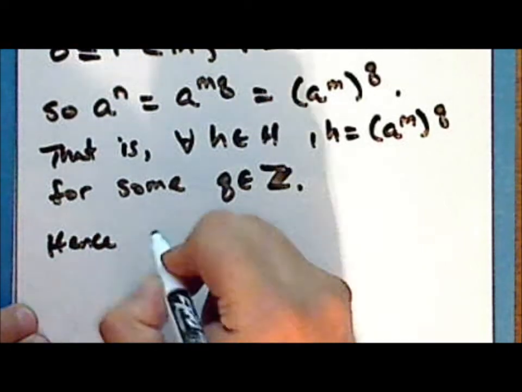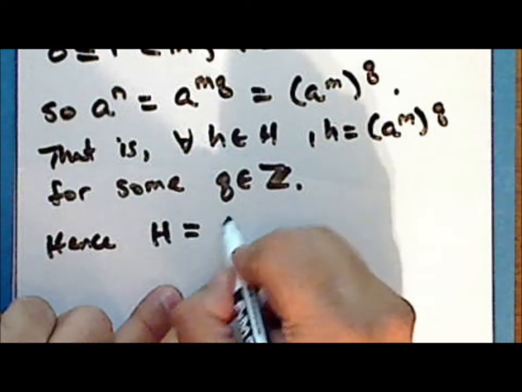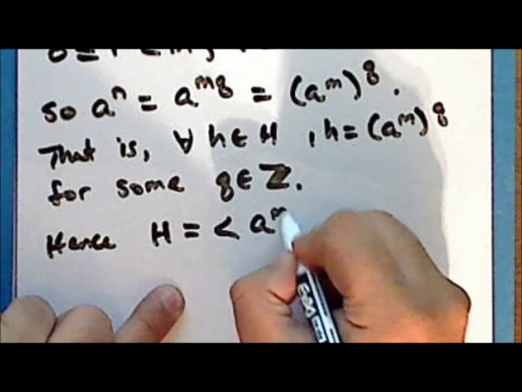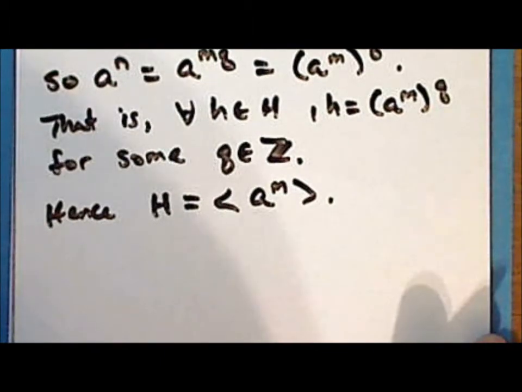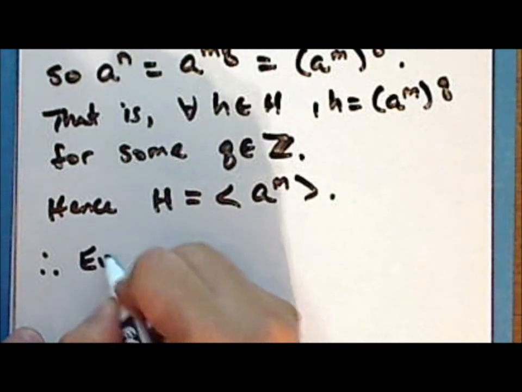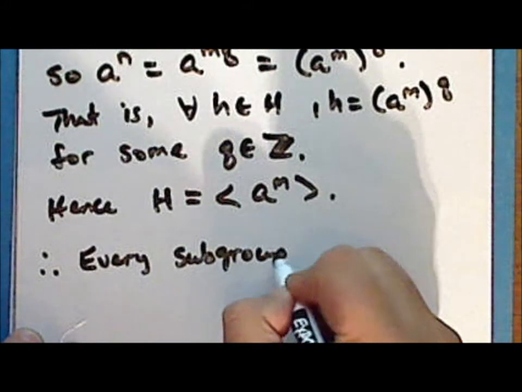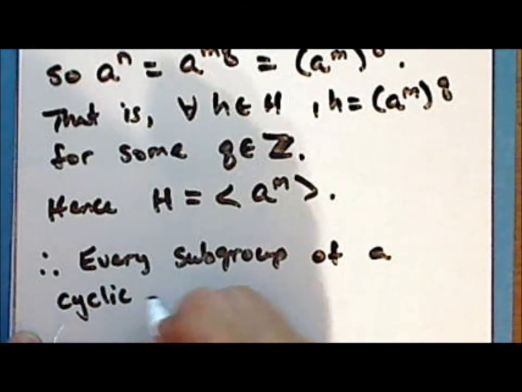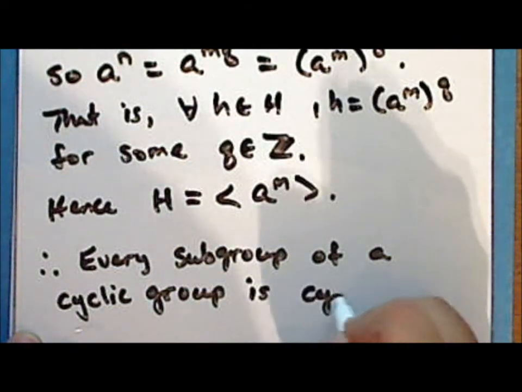And hence, the subgroup H is the cyclic subgroup generated by this element, and so is cyclic. And so in either case, a subgroup of a cyclic group is cyclic, and therefore every subgroup of a cyclic group is cyclic.